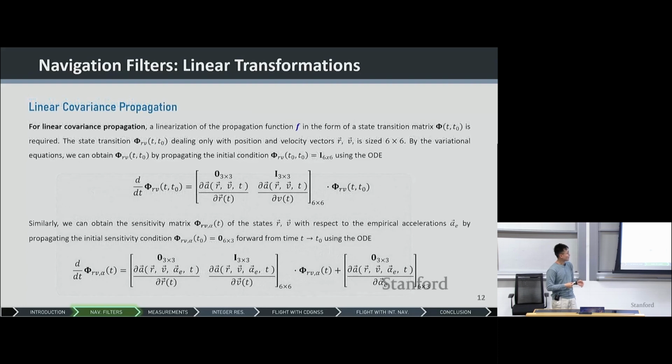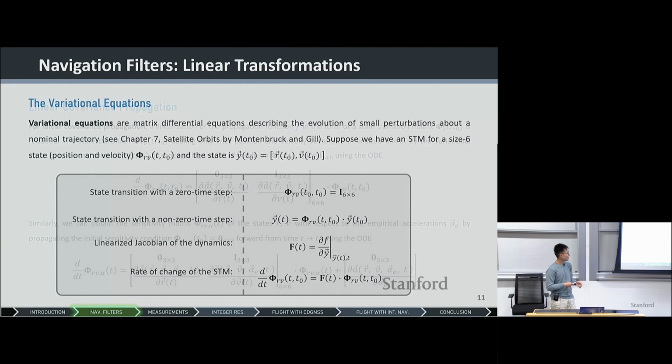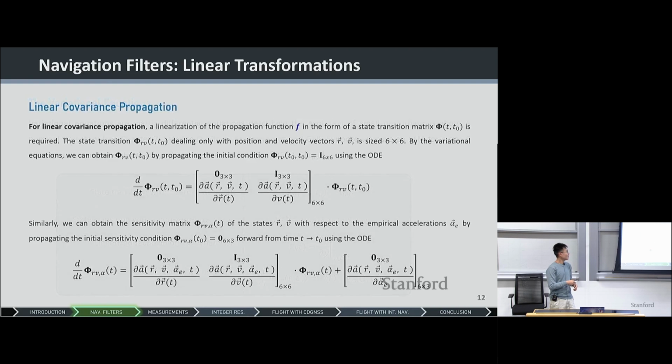So let's do a quick example here. This first equation is basically your variational equations. It's basically this rate of change here. The rate of change of your state transition matrix for the state's position and velocity is equivalent to the Jacobian of your force model multiplied by the state transition matrix itself.